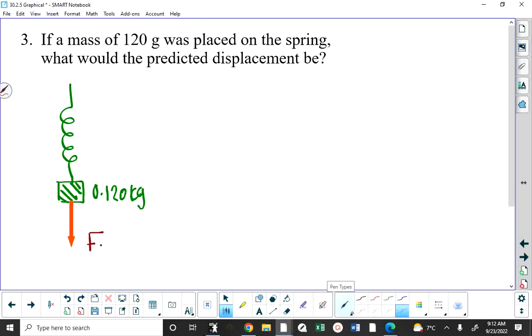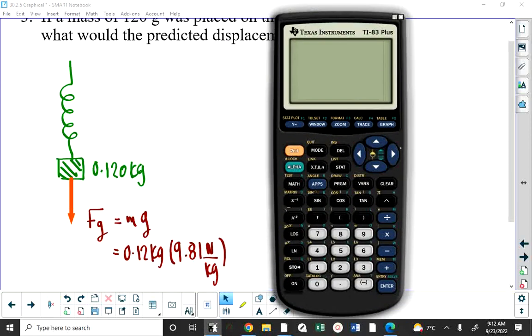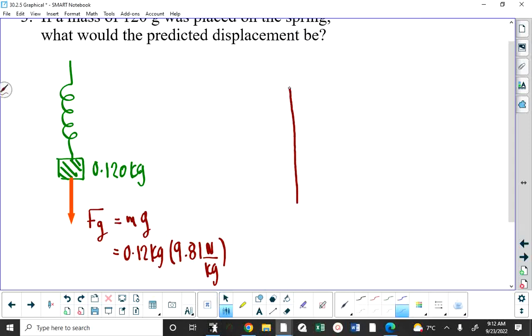Well, it's the force of gravity, which is m times g, which is 0.12 kilograms times 9.81 newtons per kilogram, which is going to be about 1.2 newtons. Let's just find out. 0.12 times 9.81 is 1.1772 newtons.